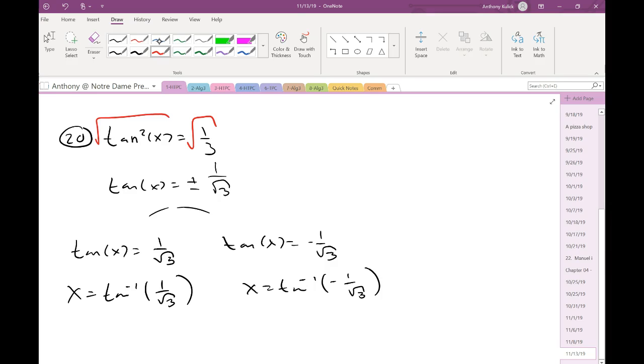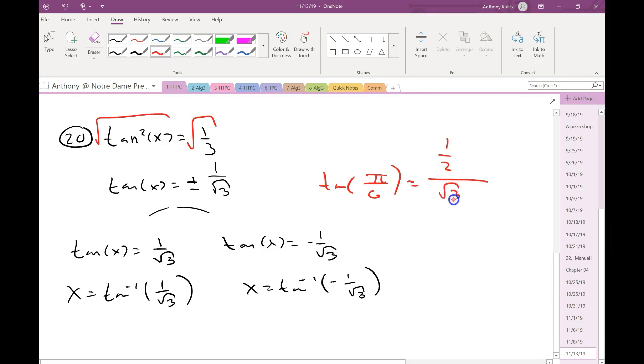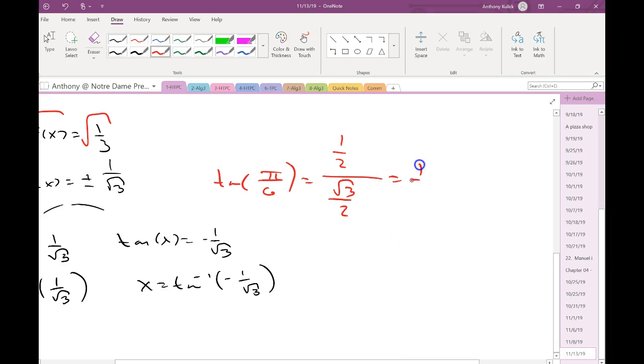So I see that at pi over 6, for example, tangent would be 1/2 over square root 3 over 2. And if I multiply by the reciprocals, I get 1 over square root 3. Everybody agree with that?